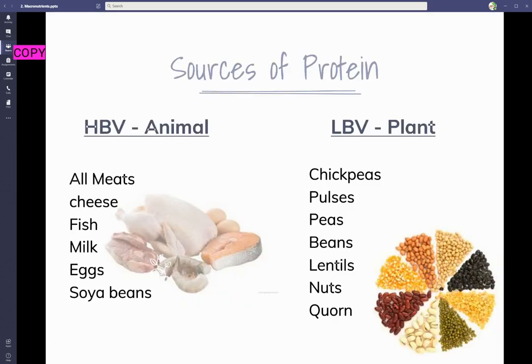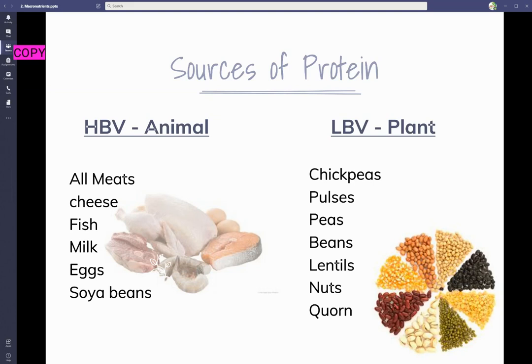Now, protein can be split into two sections as well, HBV animal proteins and LBV plant proteins. So HBV stands for high biological value and LBV low biological value. Now, these get these names from the high biological value animal proteins containing all essential amino acids, and these are mainly animal sources or animal byproducts.